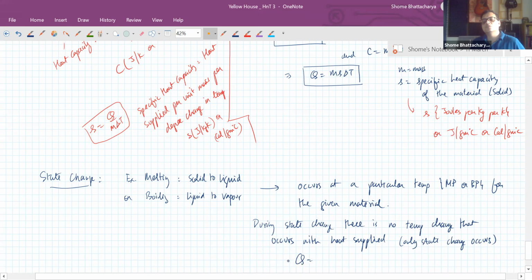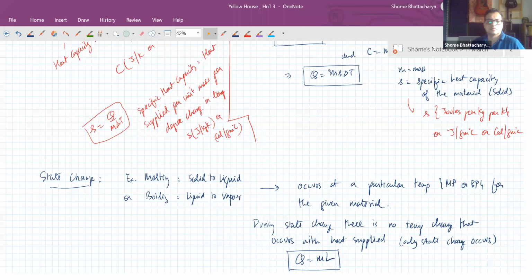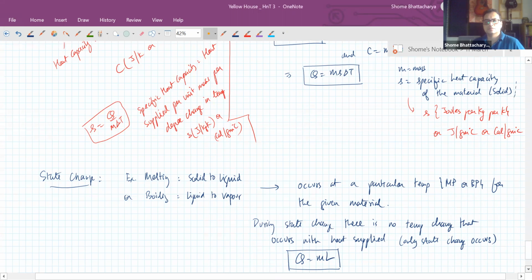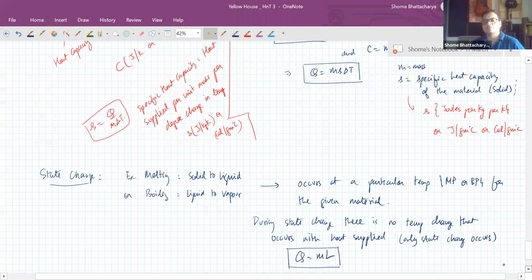And the heat supplied is related to the mass of material undergoing state change by something called latent heat. I've just given the definition of specific heat capacity. Is it clear now, friends?